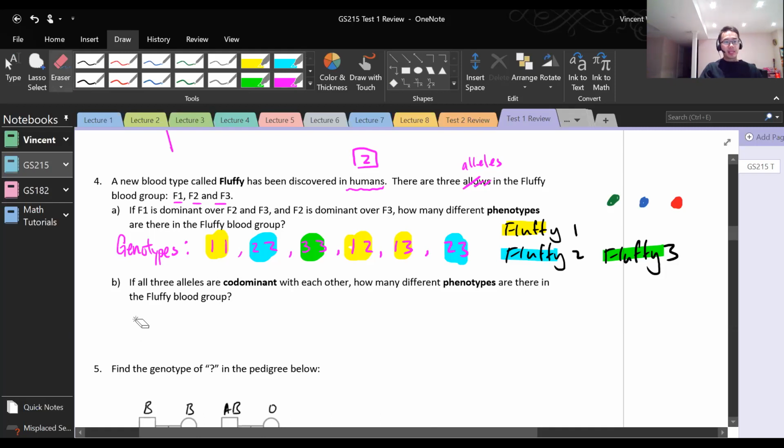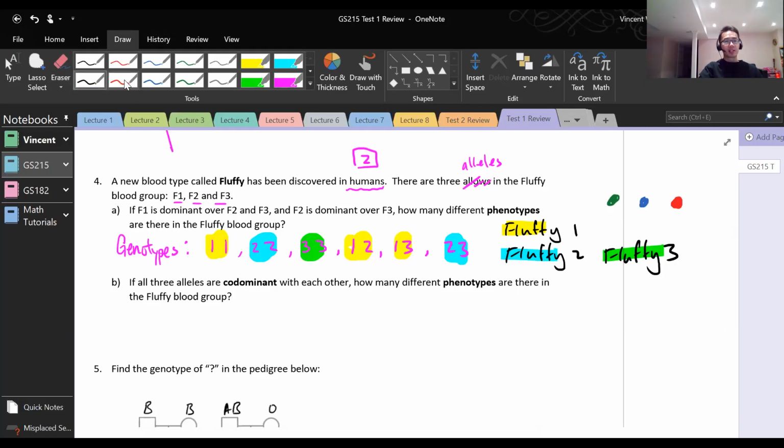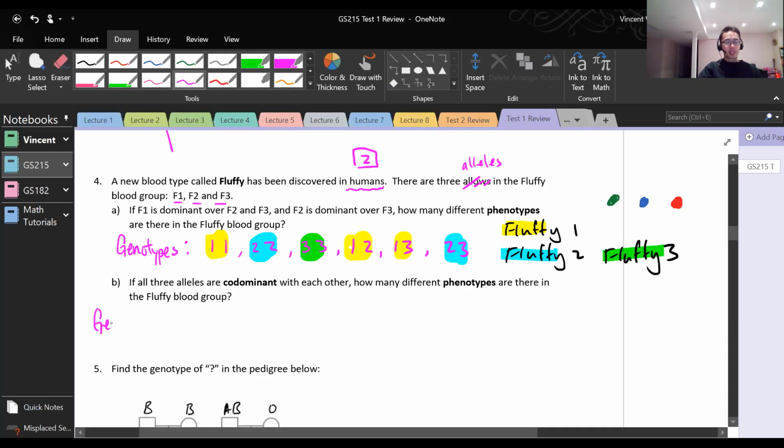All right, let's try part B. If all 3 alleles are codominant with each other, how many different phenotypes will there be? So let's write out the genotypes again. Genotype, which is the genetic makeup. So 1, 1, 2, 2, 3, 3, 1, 2, 1, 3, 2, 3.